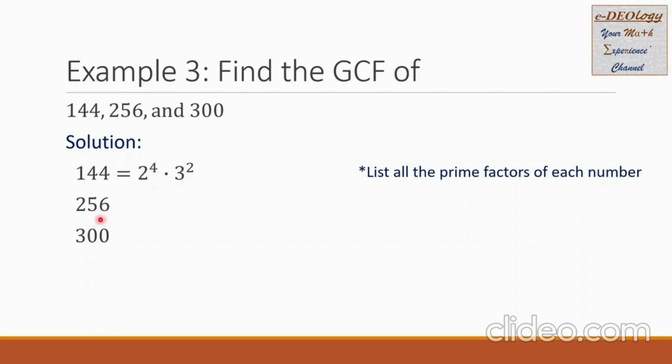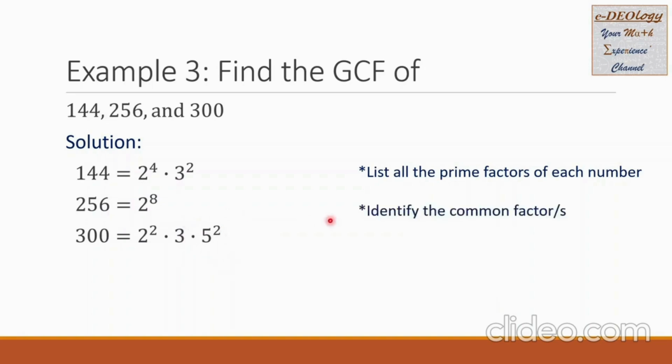Next number, 256. The prime factor is 2 but with exponent 8. For the 300, the prime factors are 2, 3, and 5. The factor 2 with exponent 2, factor 3 with exponent 1, and factor 5 with exponent 2.